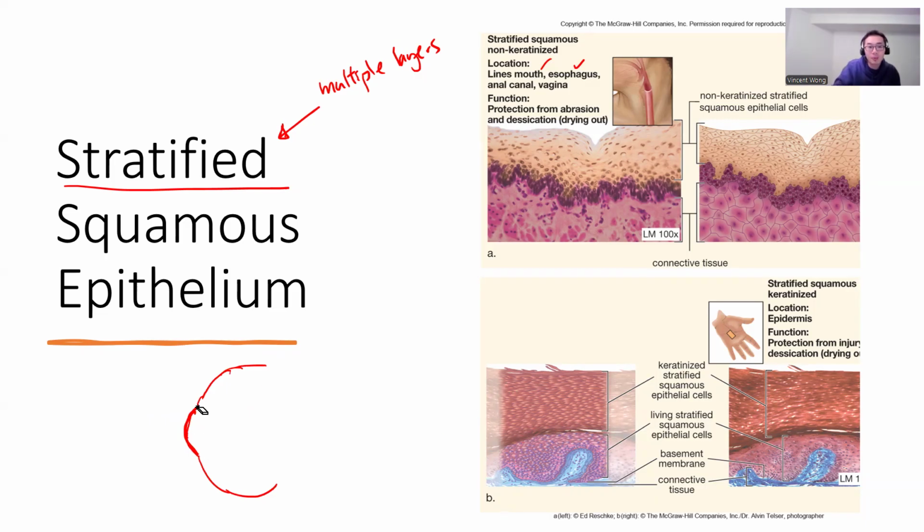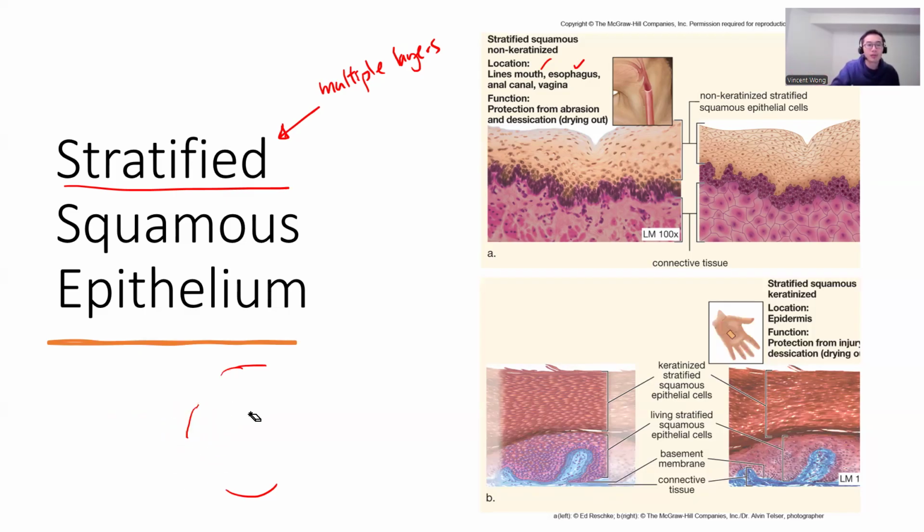Do you need a lot of protection on the surface of the eyeball? What needs to go through your eyes for you to see? Light, right? You need light to go through, so you want the light to be able to pass through the eye with minimal impediment. You don't want many layers here. If you have too many layers, the light is not going to pass through easily.